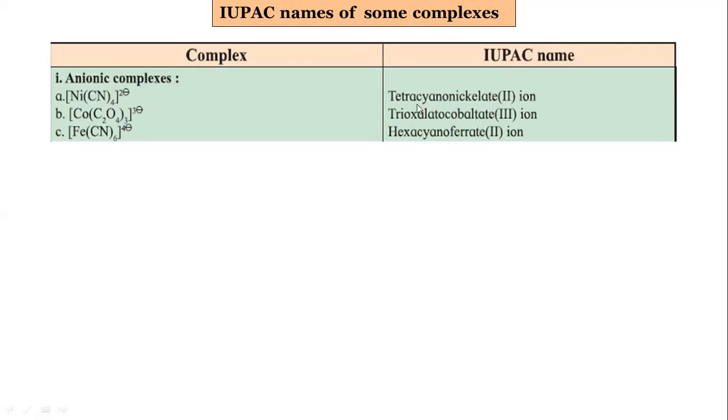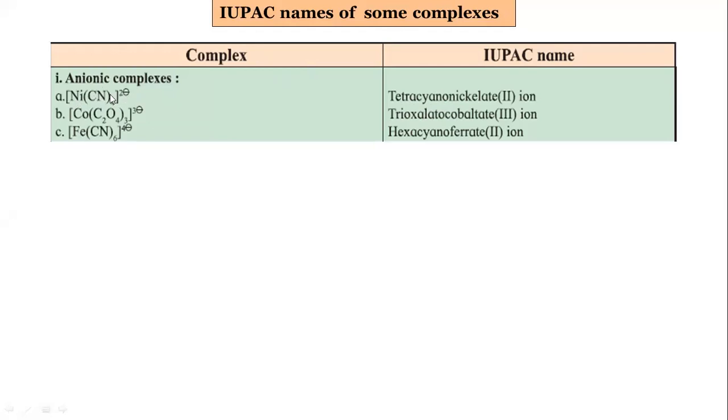Tetracyano. See here, cyano. Tetracyano, because this cyanide is an anionic ligand. It ends with O. So it is tetracyano, and see the name of the metal. It is nickel, but you are not using nickel because the complex is an anionic complex.